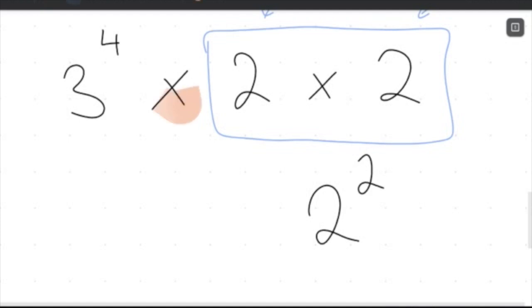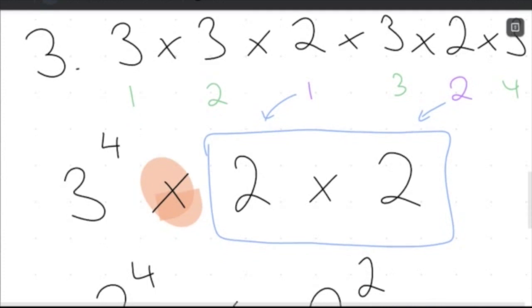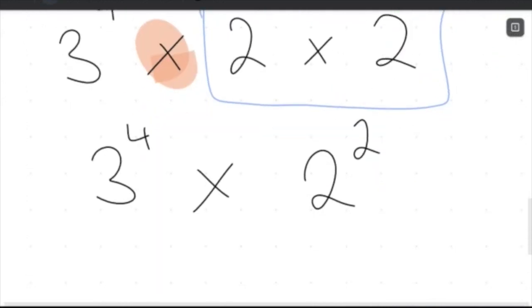And notice here, my multiplication operation stays. I haven't actually done anything to get rid of this. And my 3 to the power of 4 stays this way. So I've condensed this multiplication with different bases into still a nice little compact thing to work with. And this idea is going to be pretty important when we start looking at applying this back to prime factorization trees.